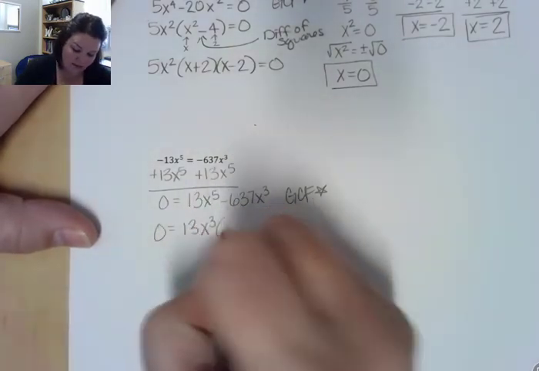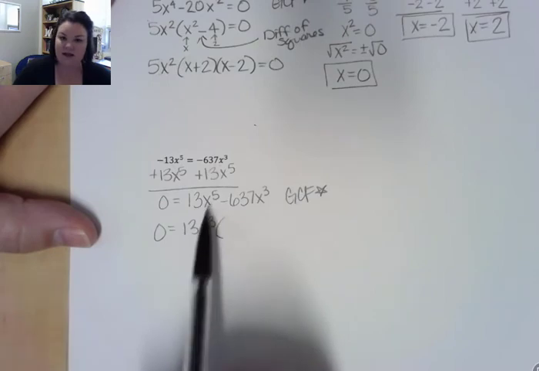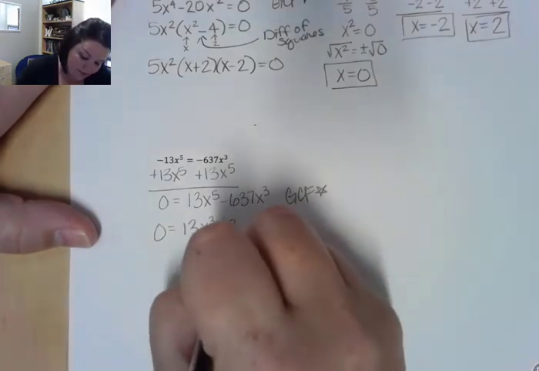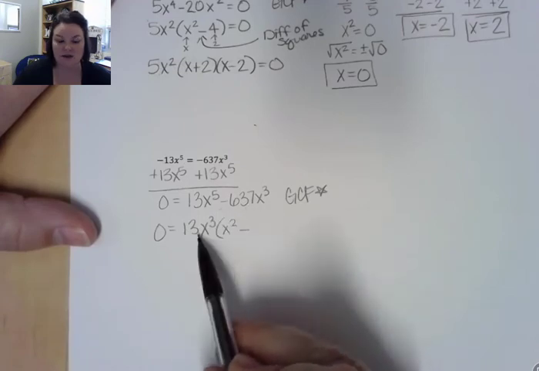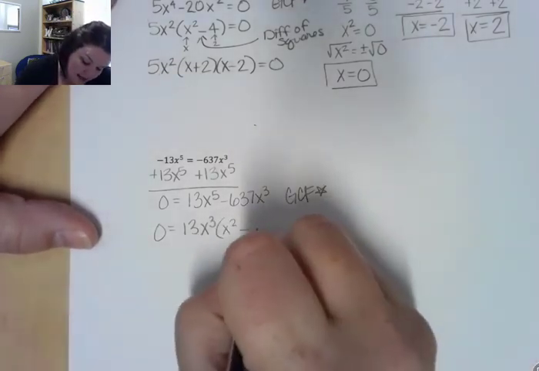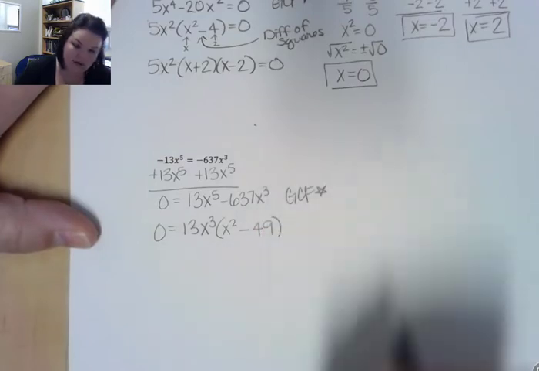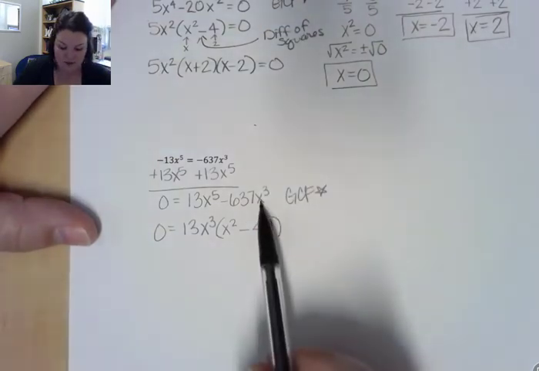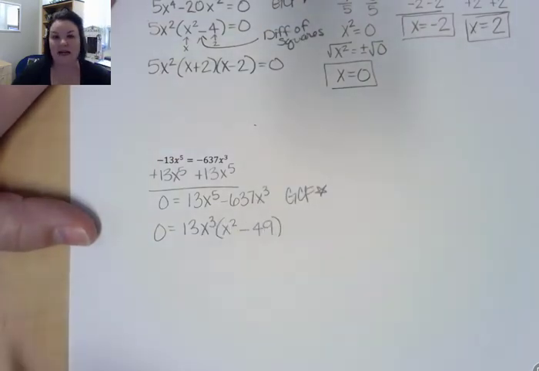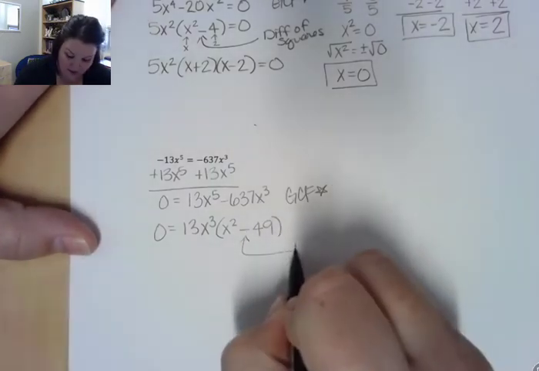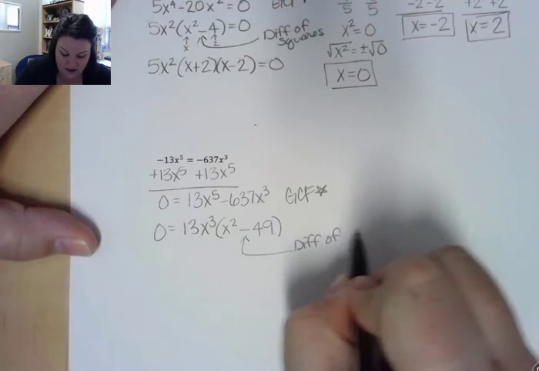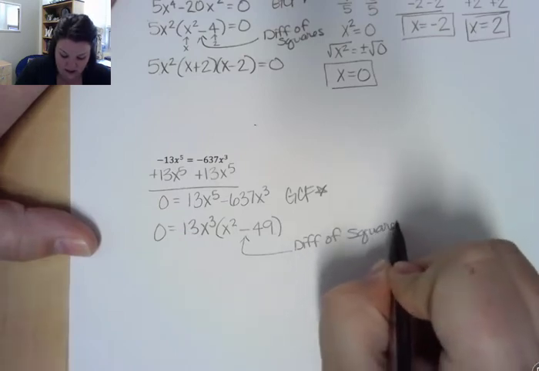And when I do that, my first term is just going to be left with x squared. My second term, if I do 637 divided by 13, that's going to leave me with a negative 49, right? And I took x cubed away from it, so it no longer has an x. And then just like the last example, this also happens to be a difference of squares, right?